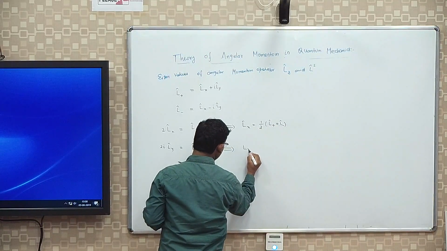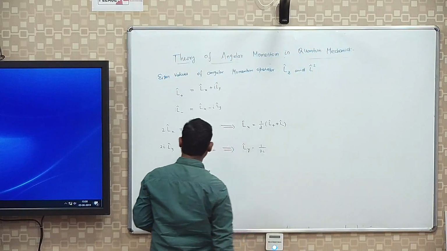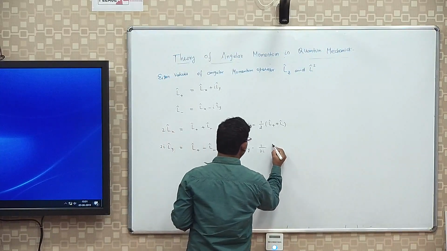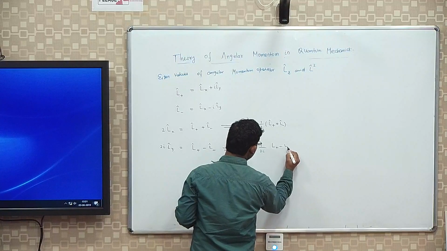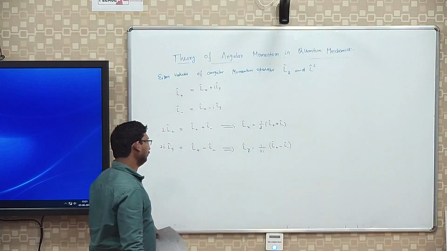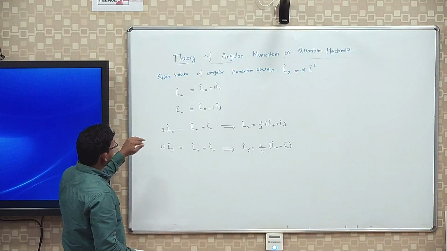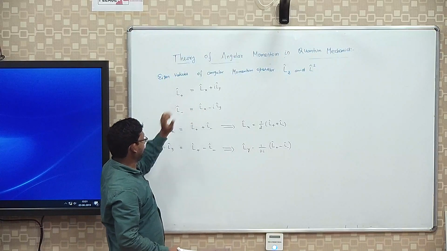Here we can write Ly is 1 over 2i (L plus minus L minus). This is the relationship between the Hermitian operators and non-Hermitian operators.